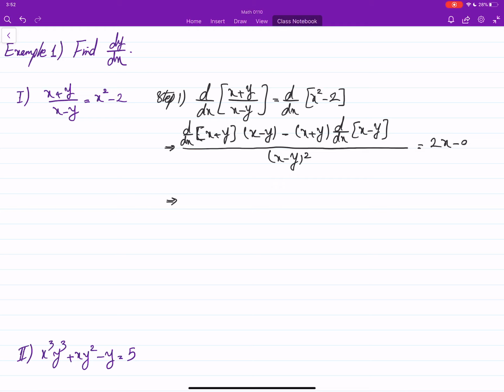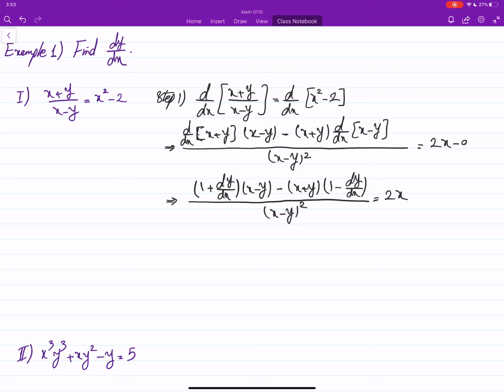Then differentiating the terms, the derivative of x is 1, the derivative of y we just write dy/dx, so we have dy/dx times (x minus y) minus (x plus y) times (1 minus y prime, or dy/dx), and then (x minus y) squared in the denominator equals 2x.